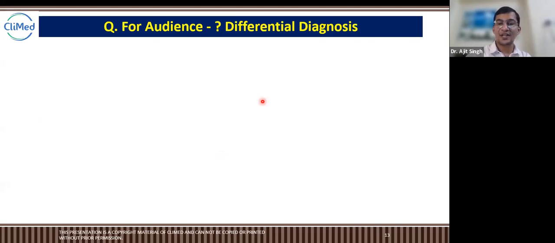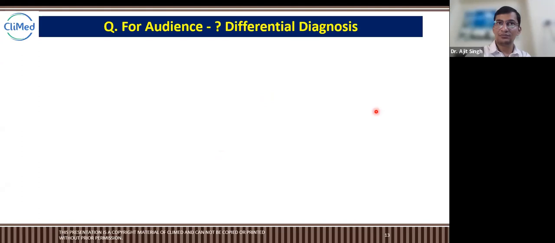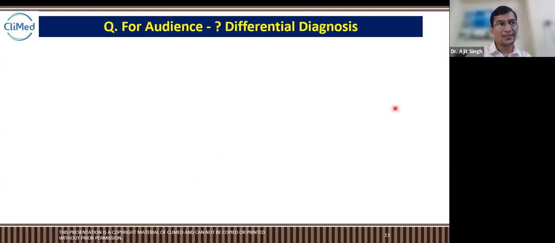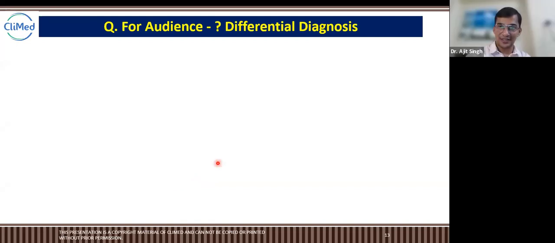So what are the differential diagnosis for this patient, guys? Please tell me fast. DCMP, dilated cardiomyopathy. CAD, coronary artery disease. COPD.